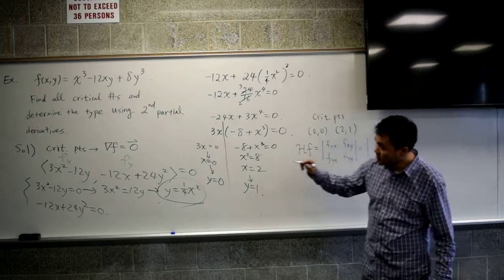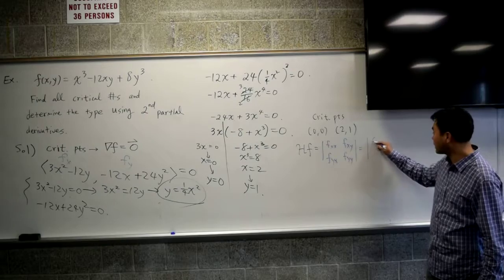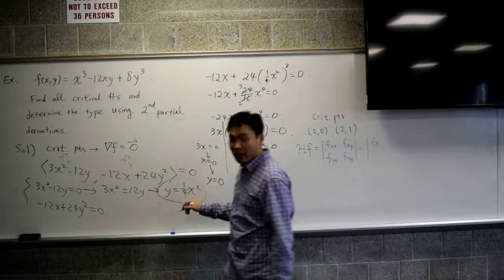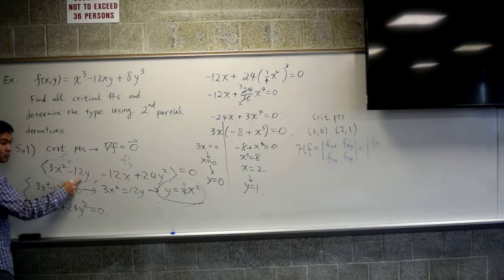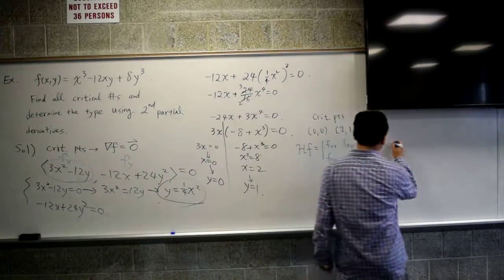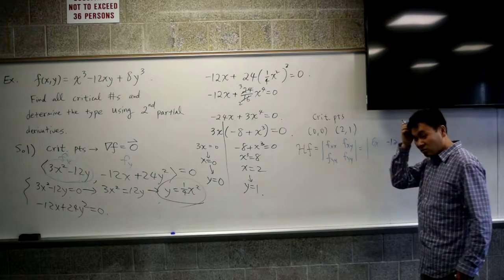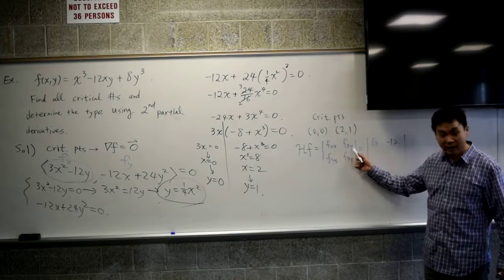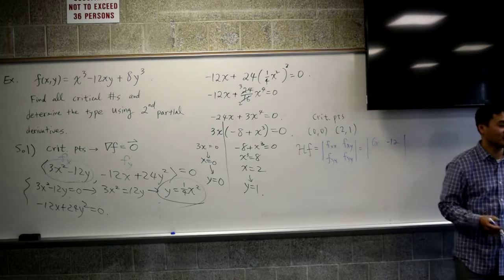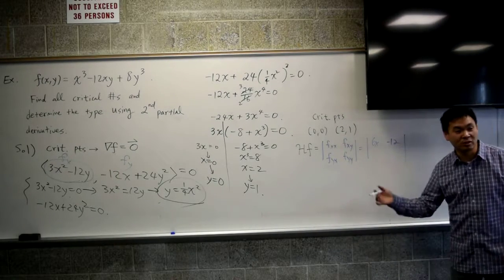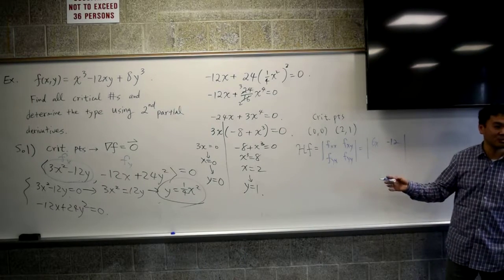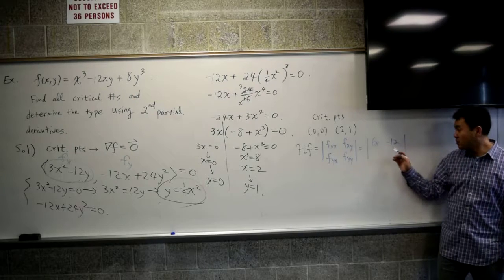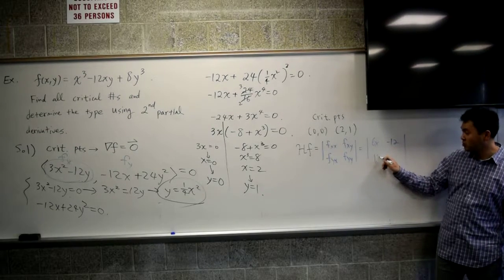The first thing differentiated by x would be 6x. And then to get fxy, you would differentiate this by y. This differentiated by y is 0, negative 12. And then we can always take the shortcut that fxy is always the same as fyx. Well, the condition is that the second derivatives should be continuous, but usually it's true, and we'll never run into these strange cases. So negative 12 is also here.